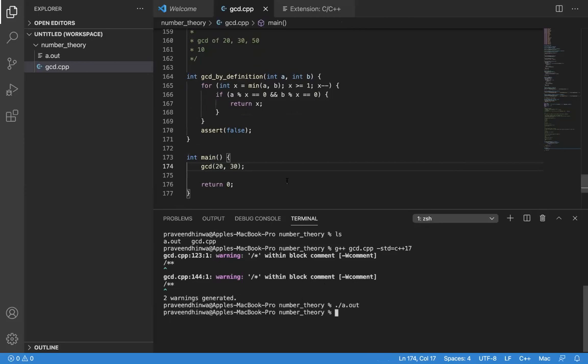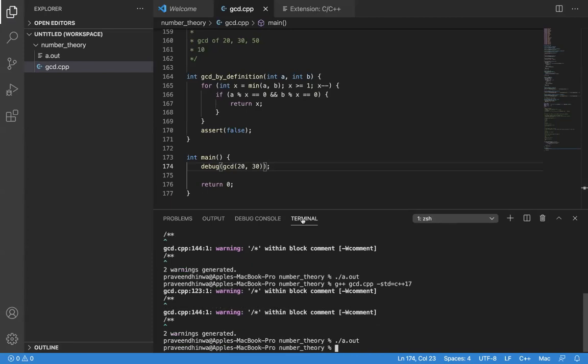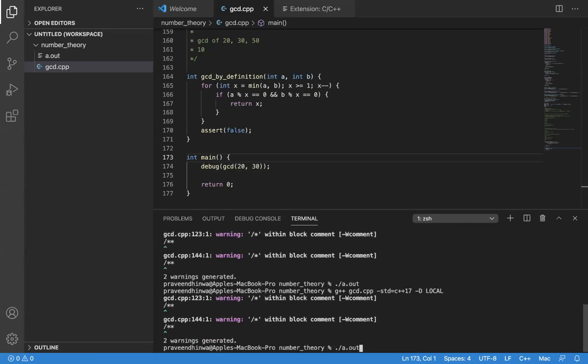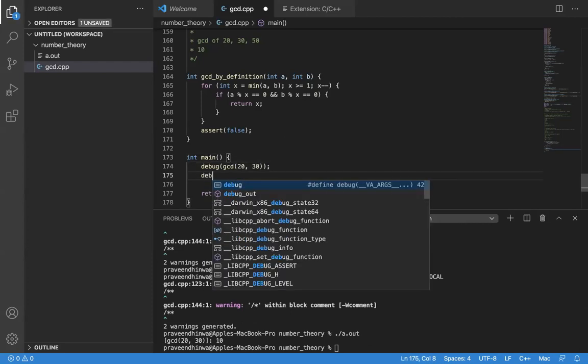So okay, let's print this out. Just a second. So this program says GCD of 20 comma 30 is 10. So let's try something else.